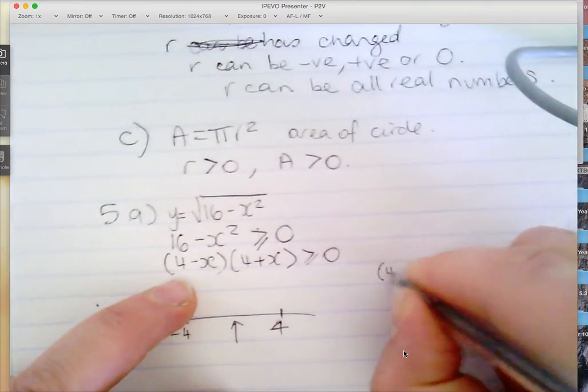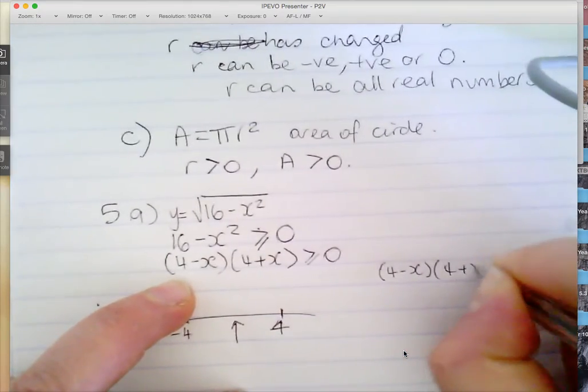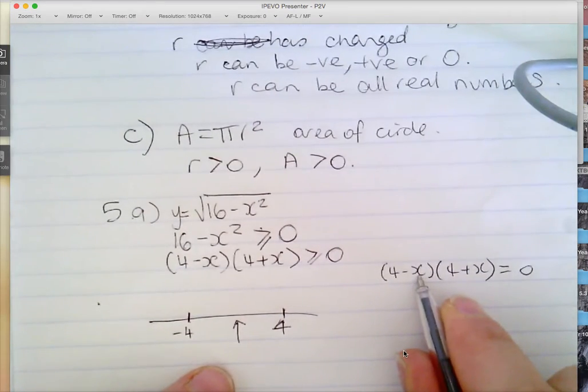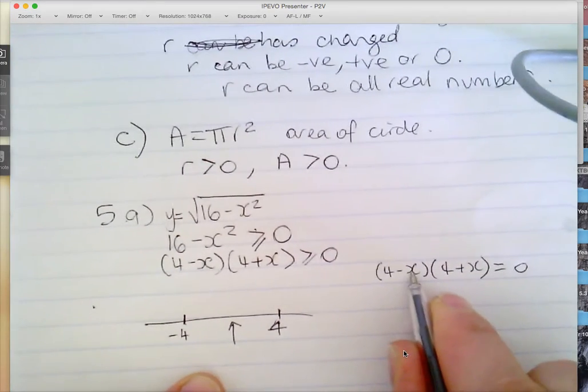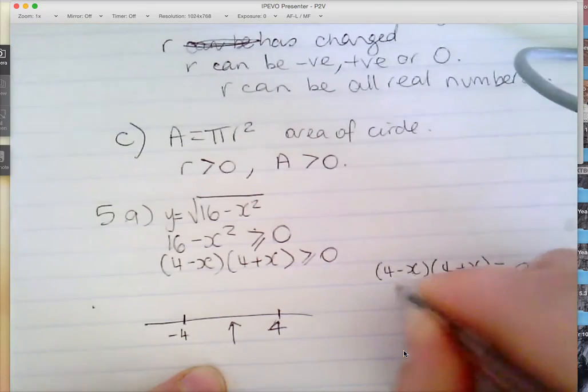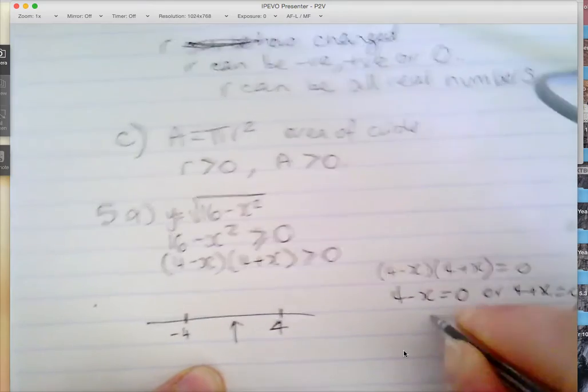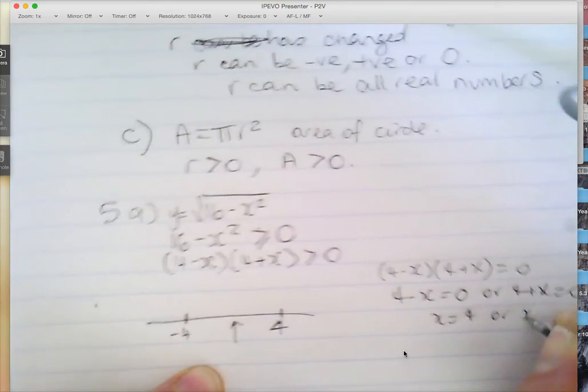If I put this equal to 0, what would your answers be? 4 minus x equals 0, so x equals 4, x equals minus 4. So x is 4 or x is minus 4.